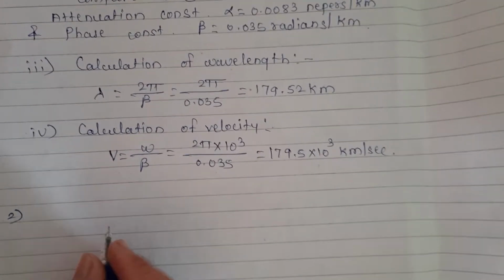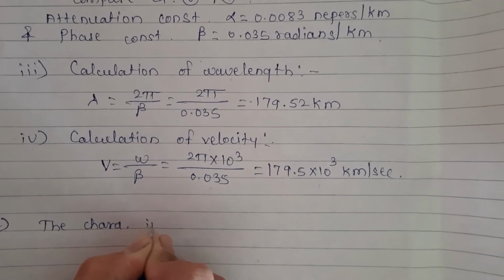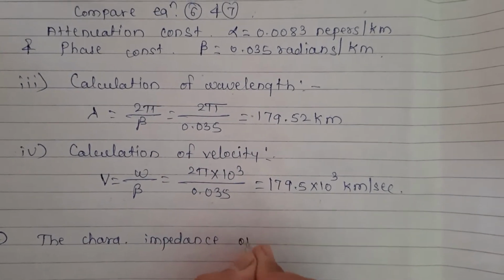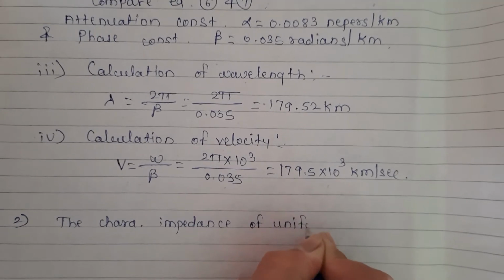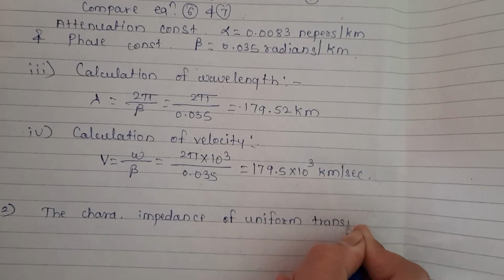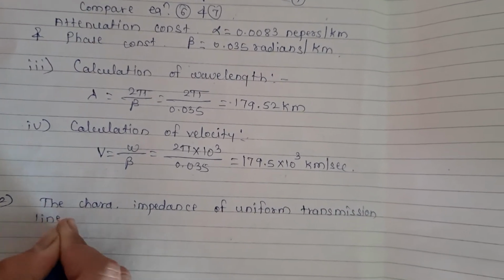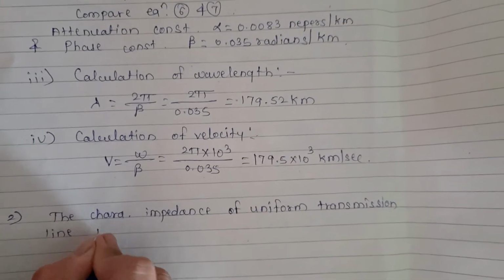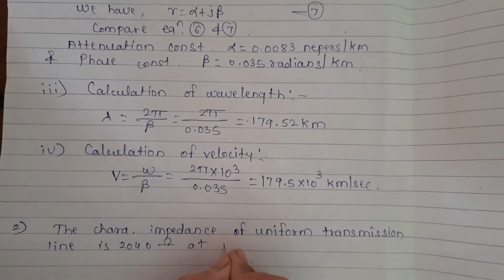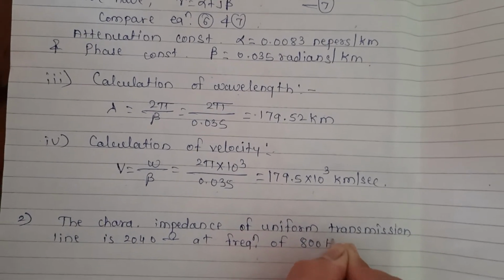Next problem: the characteristic impedance of a uniform transmission line is 2040 ohm at frequency of 800 Hz.